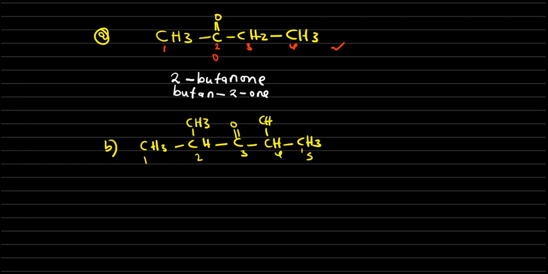So that is pent. But now I need to assign these groups. Remember, you start with the groups and arrange them in alphabetical order. So the groups that we have here, we have a methyl there, and this should also be a methyl.